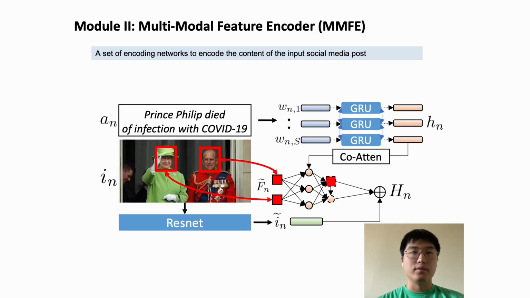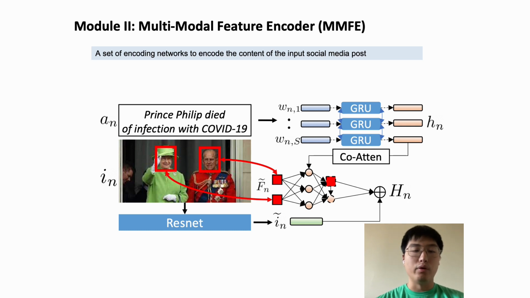The second module is about the Fauxtography post. For each Fauxtography post, we want to embed it to a high-dimensional feature to integrate it with the knowledge graph in the following steps. We have three different components. The first component encodes the text entities to high-dimensional embeddings by using a bidirectional GRU network.